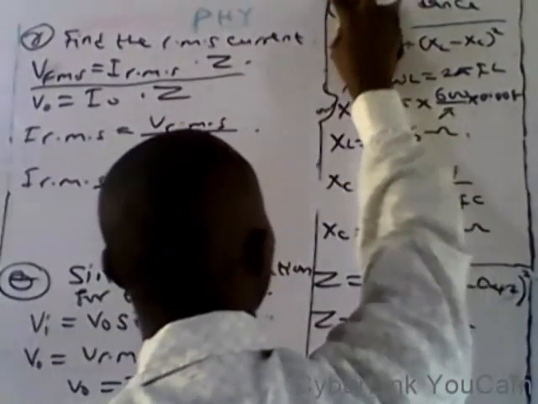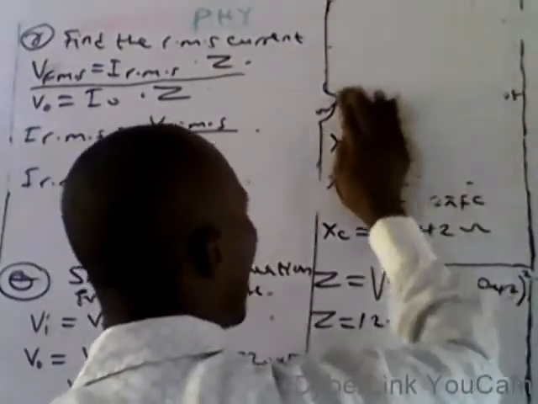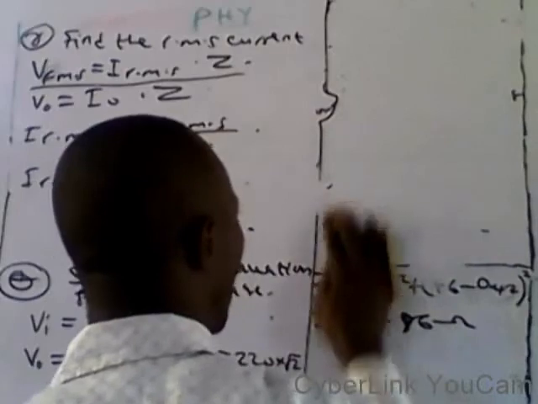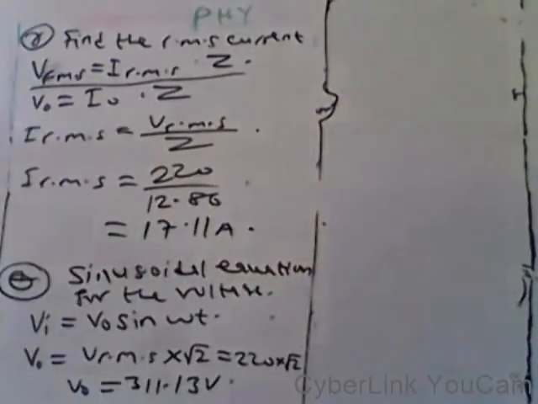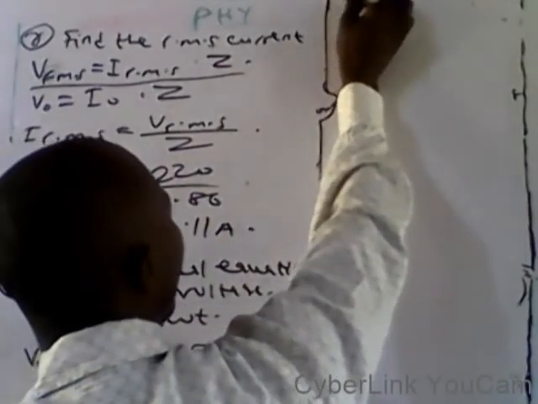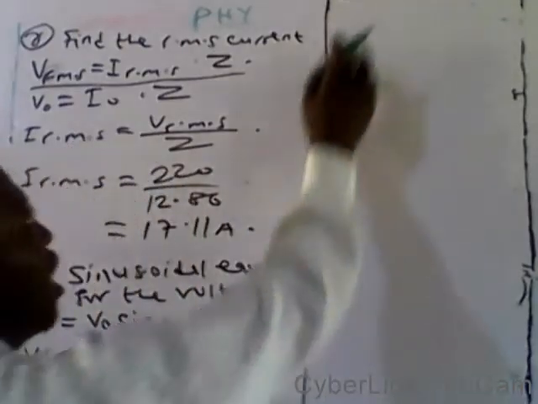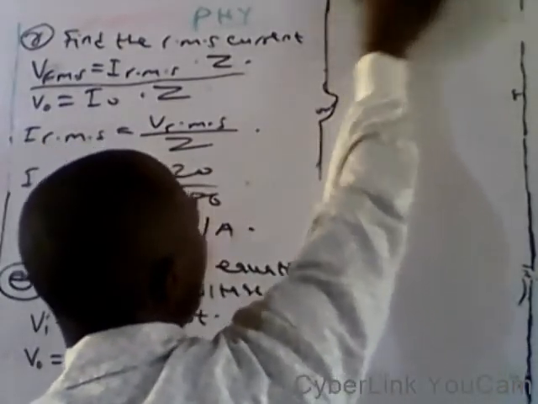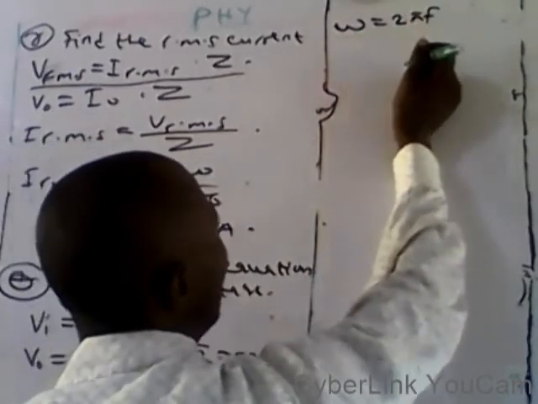Then another thing we need in that expression is omega. So we calculate our omega before we can write that equation. Our omega is 2 pi f.